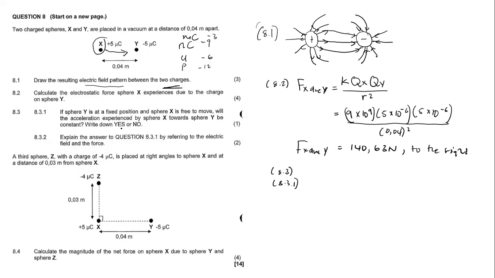Write down yes or no. For you to write down yes or no, you need a reason why. The follow-up question, 8.3.2, says explain the answer to question 8.3.1 by referring to the electric field and the force.